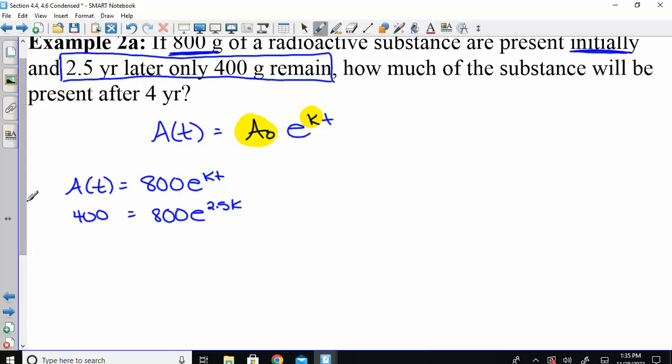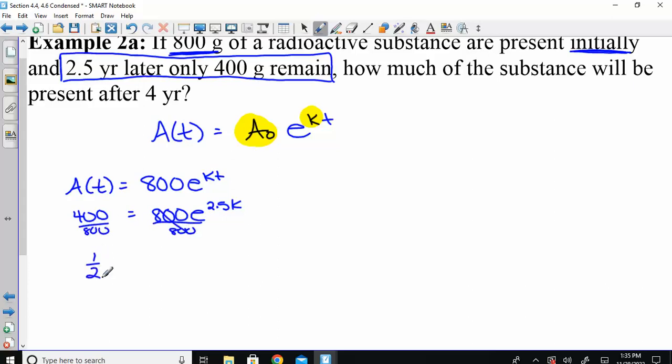What would we do to get k by itself? We'll have to add a natural log. Before we do that, let's get rid of the 800. What would you do with that? Divide by 800.